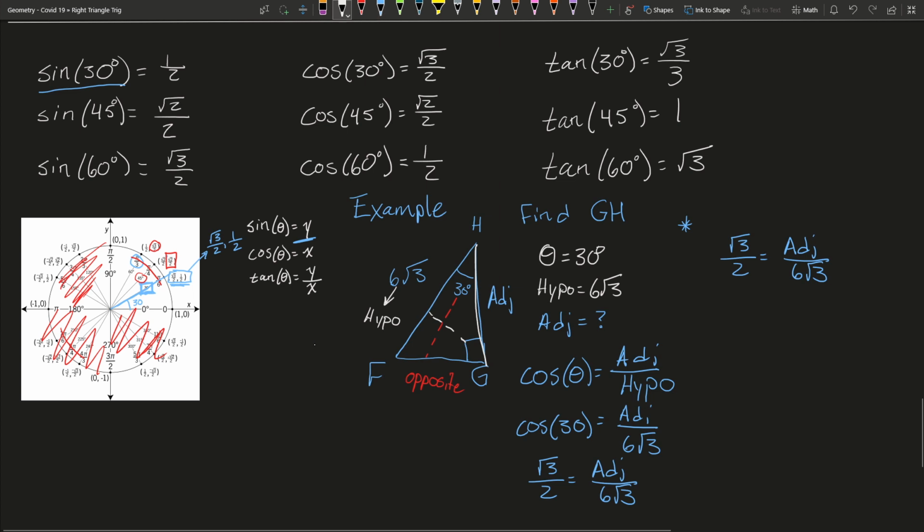So we need to multiply by 6 rad 3 on both sides. And we are left with 6 rad 3 times rad 3 divided by 2, and that is equal to the adjacent side.